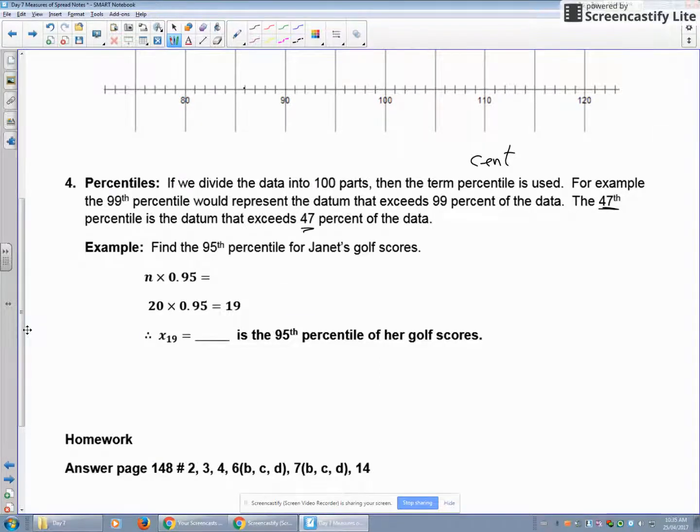So how do we do that? Find the 95th percentile for Janet's golf scores. So that's how we would go about finding it. We know that the number of data points that we have is 20. And so we want to find out what 95% of 20 is. 95% of 20 is 19. So we look to find out what her 19th score was.